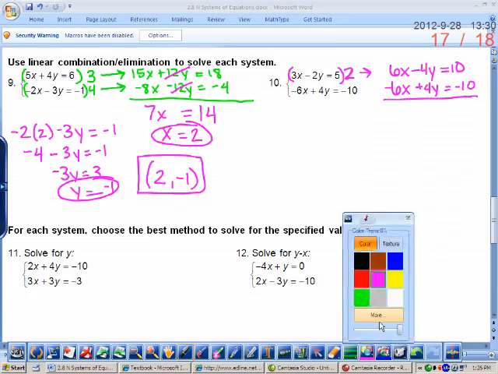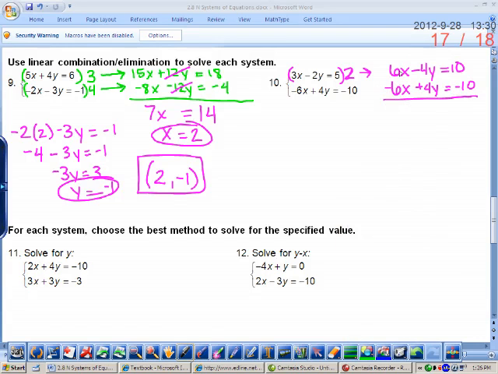All right, let's think about what happens. Negative 6x plus negative 6x, that cancels. Negative 4y plus 4y, 0. So we have 0 equals, what is 10 plus negative 10? 0. When does 0 equal 0? Always.